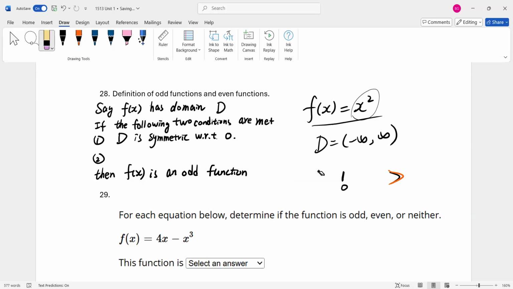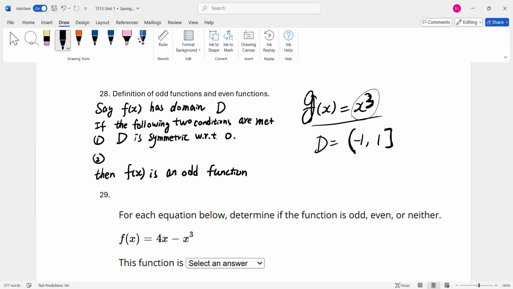And what if the domain of the function is different? Let's say another function, g of x equals x squared, or x cubed. The domain is, let's say, -1 to +1.